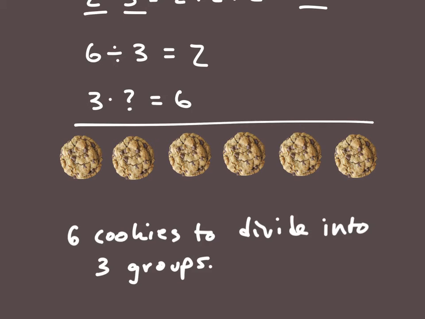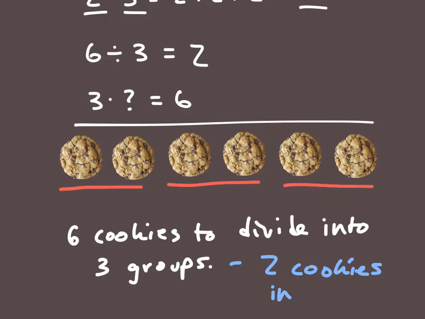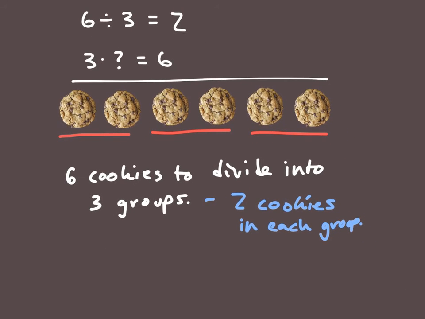So if I want to have an equal number of cookies in each group, I have 1, 2, 3 groups. How many cookies are in each group? Then I would have 2 cookies in each group. And that's the idea of division: dividing something up into equal parts. But we have to think of multiplication when we do that.